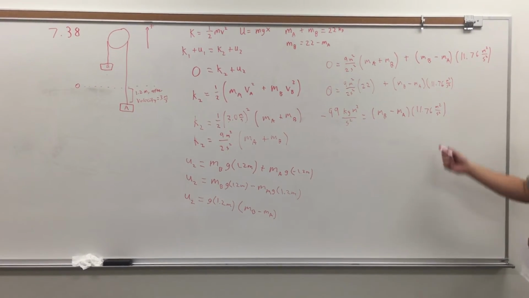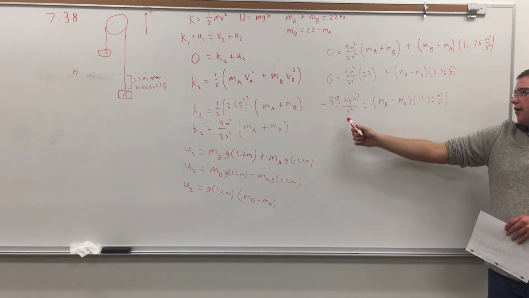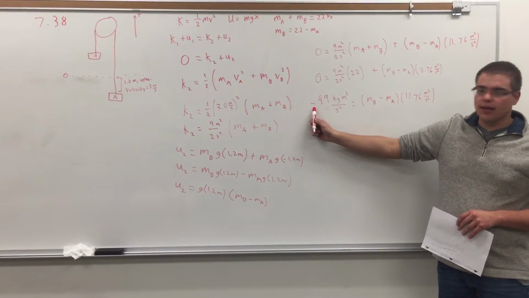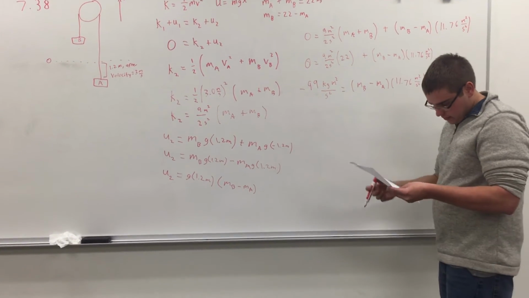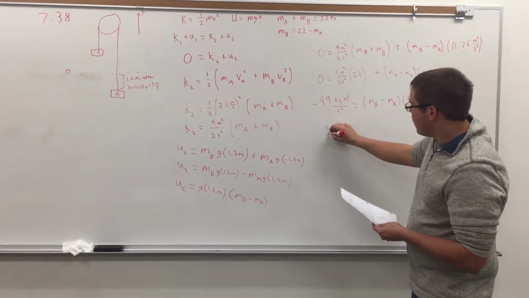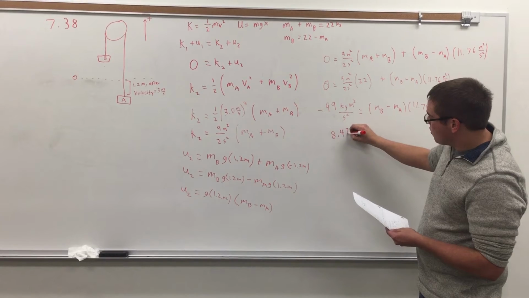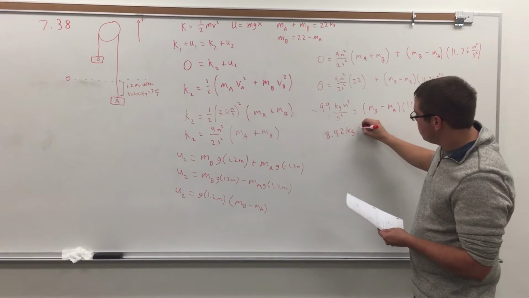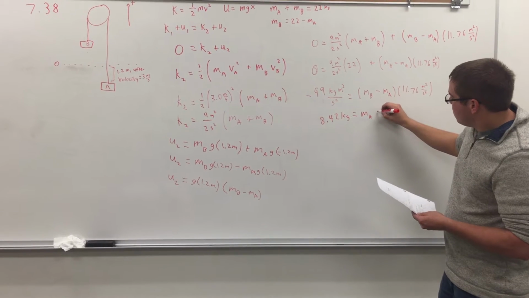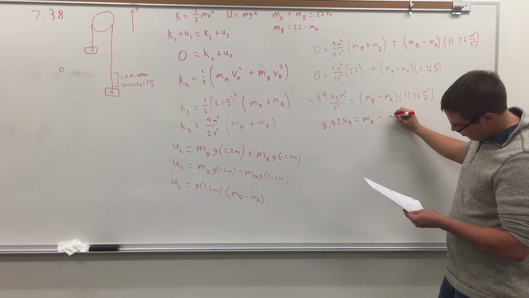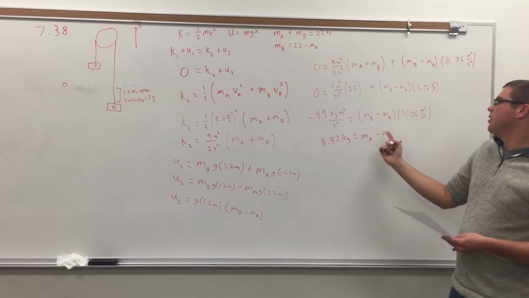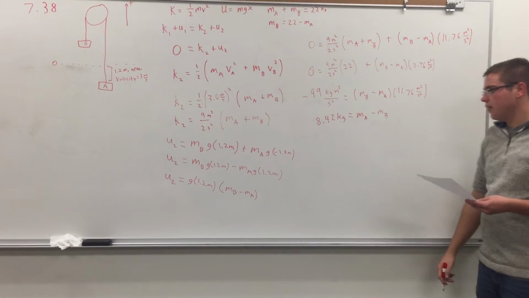And in the next step, we're going to divide by this value over here, and we're also going to multiply the whole thing by -1 to get rid of this negative here. And what that ends up being is we get 8.42 kilograms equals mass of A minus mass of B. Because we multiplied it by -1, these two will flip.